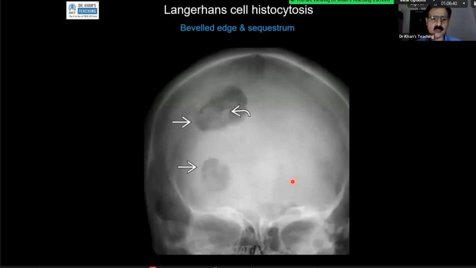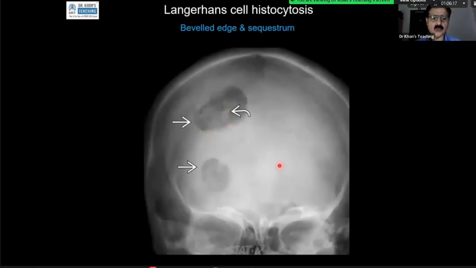Please also remember that Langerhans cell histiocytosis, as I also told you in lymphoma, can have a sequestrum. And that again is an exam thing. They will show you a case where there is a beveled edge and there is a sequestrum also.